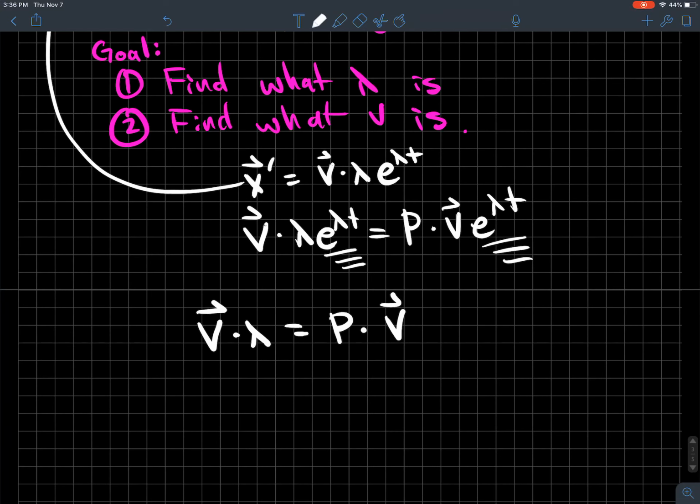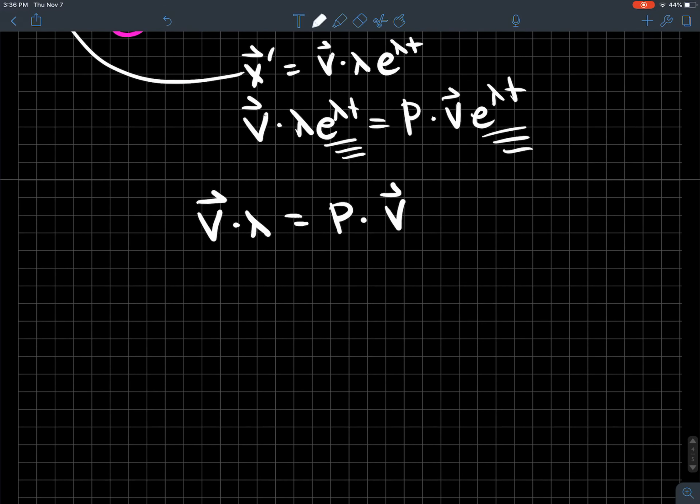All right? The question has now turned into find such a lambda and find such a v such that this holds. Okay, well, what does this actually mean? Let's move them over to one side. Well, if we do that, we're going to get 0. And remember, I write 0, but 0 in reality is the 0 vector.